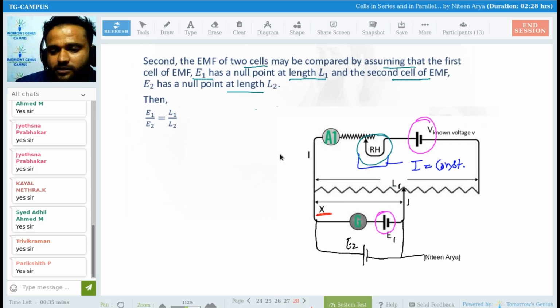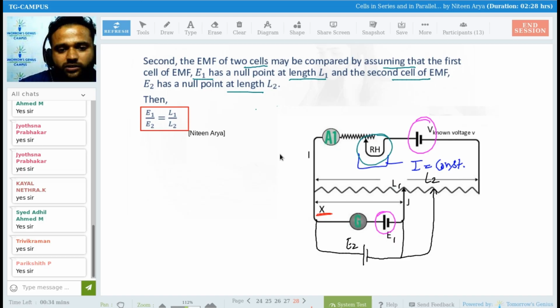This has length L1, and suppose this has length L2. At that null point, the unknown voltage is going to be 0, so we have again this Wheatstone balance condition, and this is your relation: E1 by E2 equals L1 by L2, and that is again a very, very important relation.